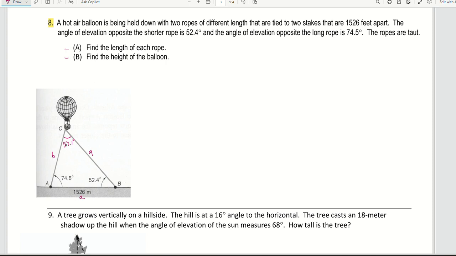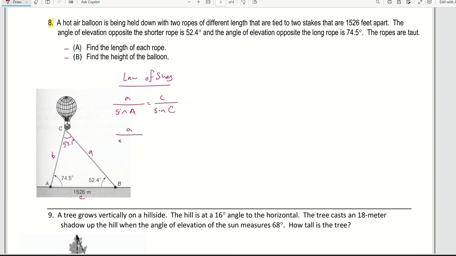So since we know an entire chunk, we're going to work with the law of sines. I'm not going to write it all out. You'll be provided it on the formula sheet, but since I know the entire piece, let's go ahead and just find side length a. So little a over sine of big A is equal to little c over sine of big C. Just fill in all the gaps.